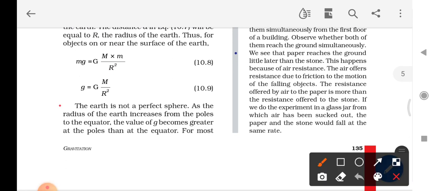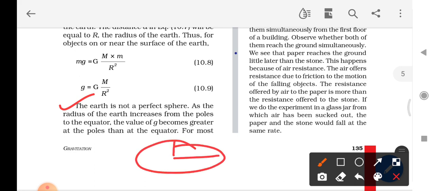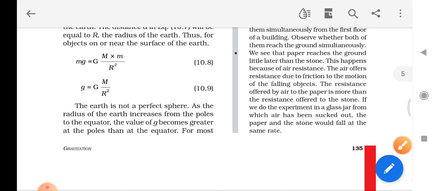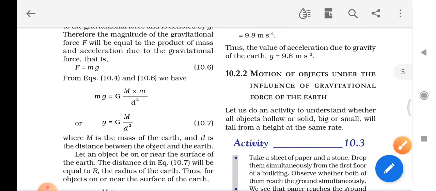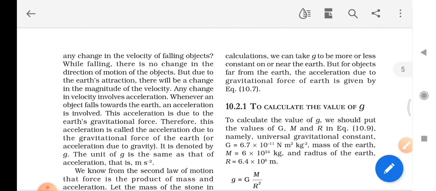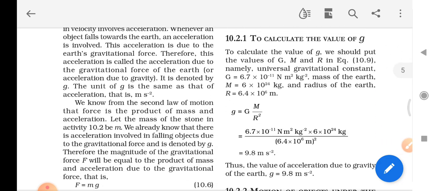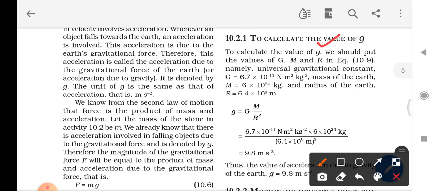And here see, the earth is not a perfect sphere. The radius is less at the poles, maximum at the equator. And we calculated the value of g. The value of g is 9.8 meter per second squared.